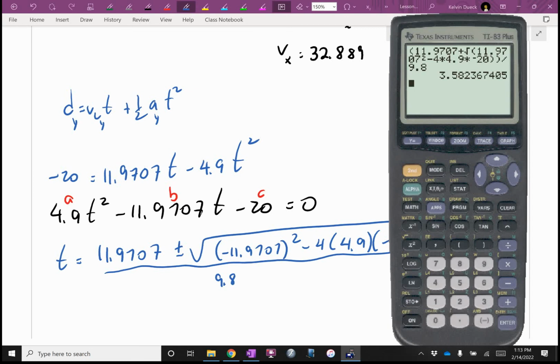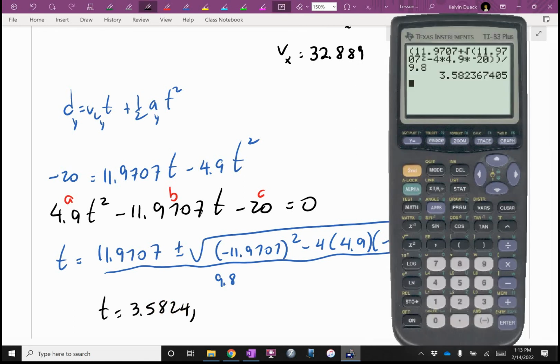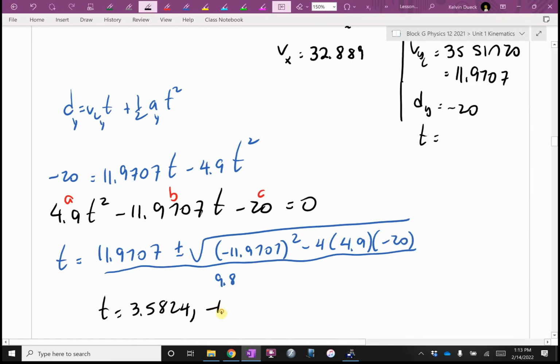You get 3.5823674 for t, okay? I'll go 3.5824. And just double check to make sure there isn't a second positive root. Shouldn't be. Negative 1.139.